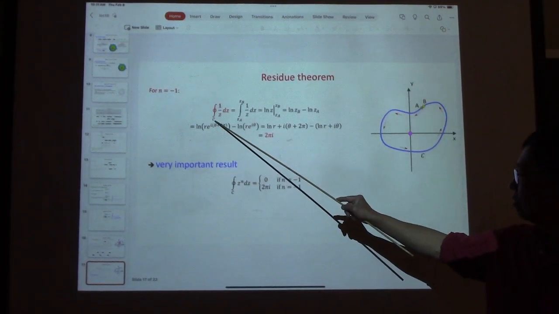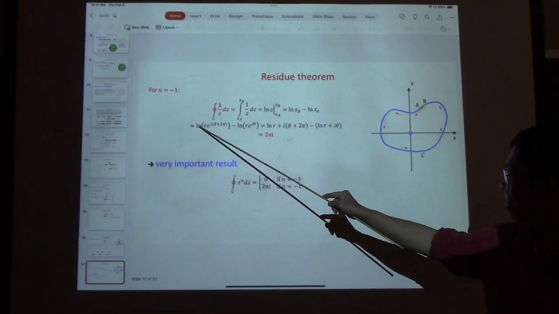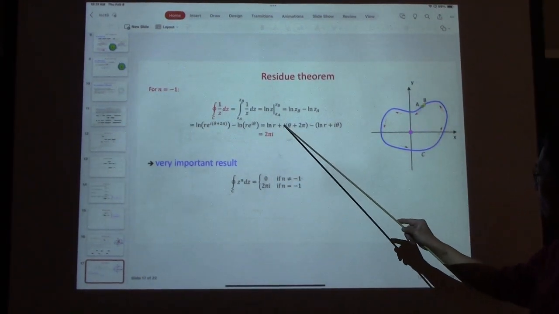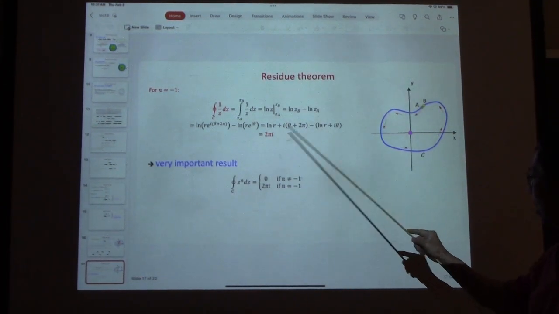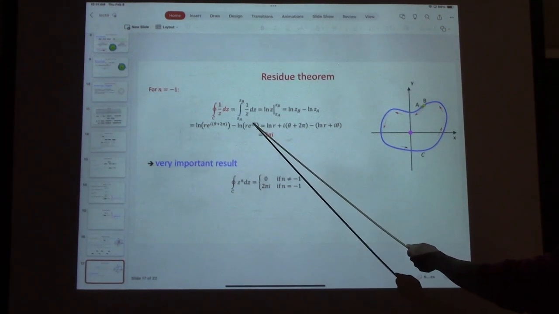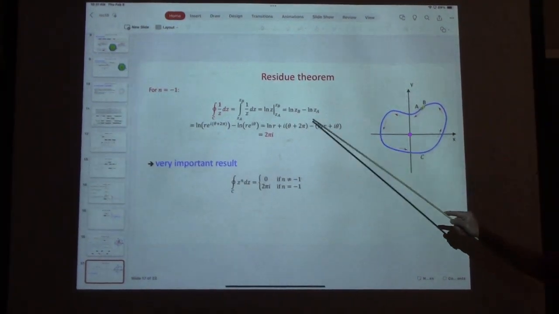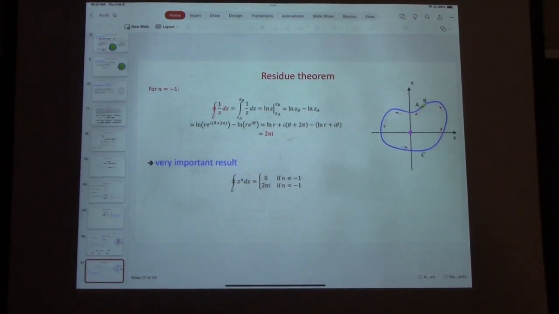We know log of this gives log R plus, in the exponent, i theta plus 2 pi, and for the other we have log R plus i theta. Because log and exponent cancel each other out, only the exponent remains. The log R cancels the log R, and this i theta cancels this i theta. Now we have 2 pi i remaining.